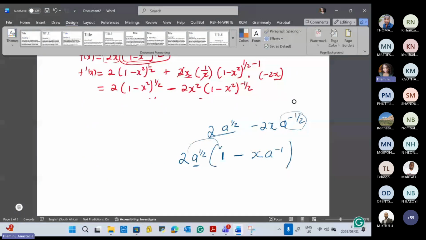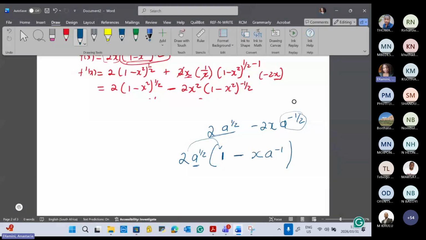So do you see how I factored it out? This will be equal to 1 minus x squared to the power of half, times 1 minus x squared to the power of -1. Are we all together there? Yes.